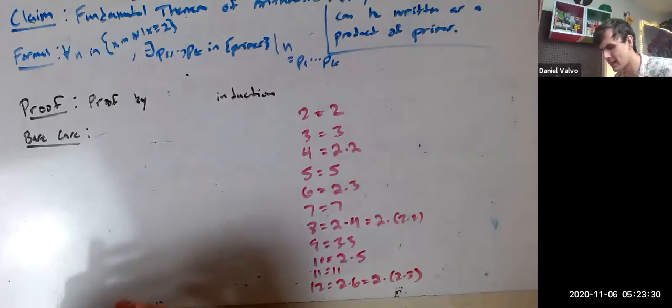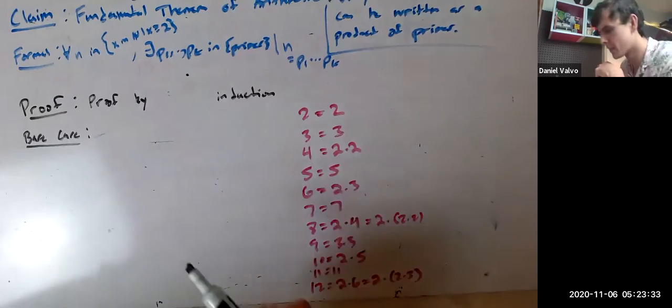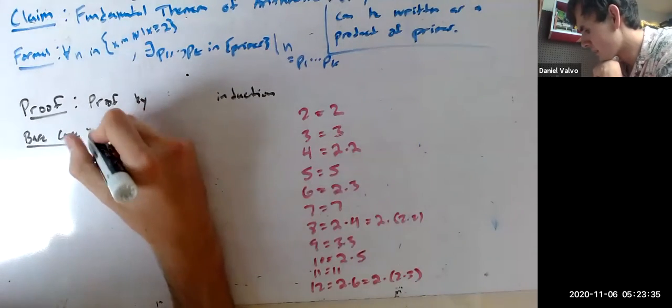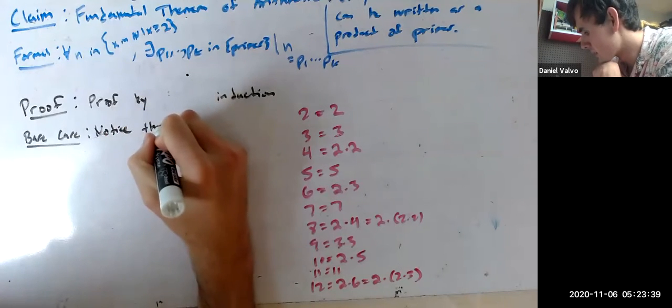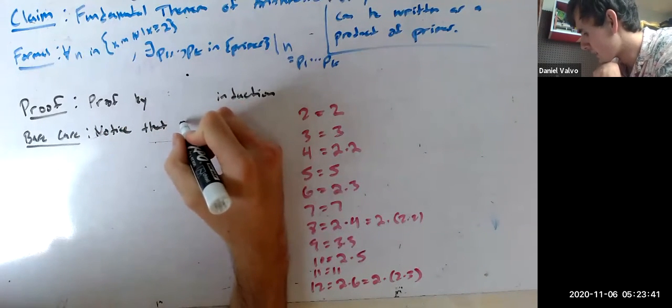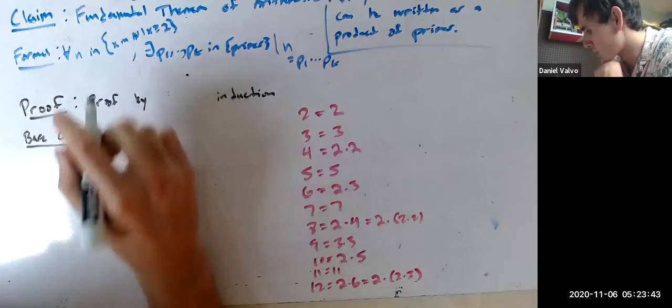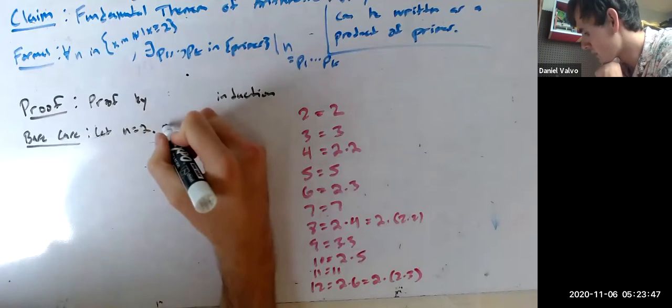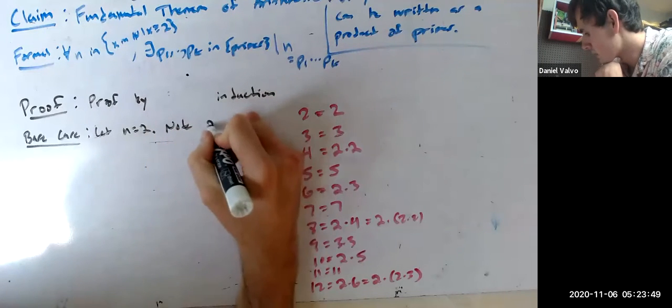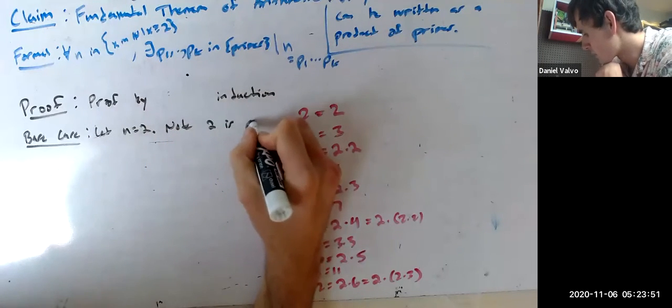And so here's the idea. We're going to start with the base case. Notice that n equals 2, because we start at 2, right? n equals 2. 2 is prime.